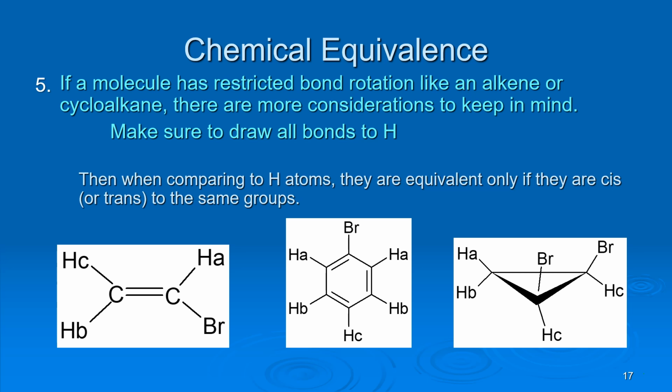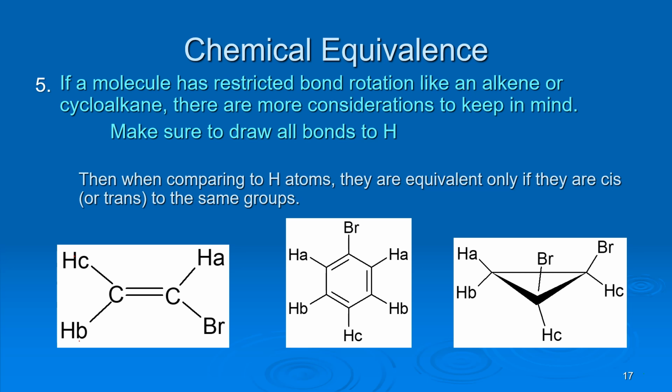So for example, here on the one on the left, since this bromine is cis to this HB, and HA and HC are cis to each other, then because they can't rotate at all, HC and HB are going to be different. Obviously HA is its own hydrogen, but these two being different, the one closer to the bromine will be a little bit different than the one that's further away from the bromine.